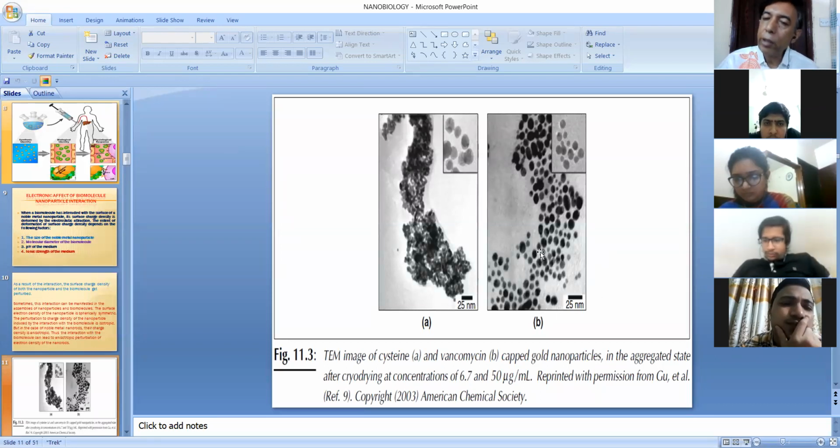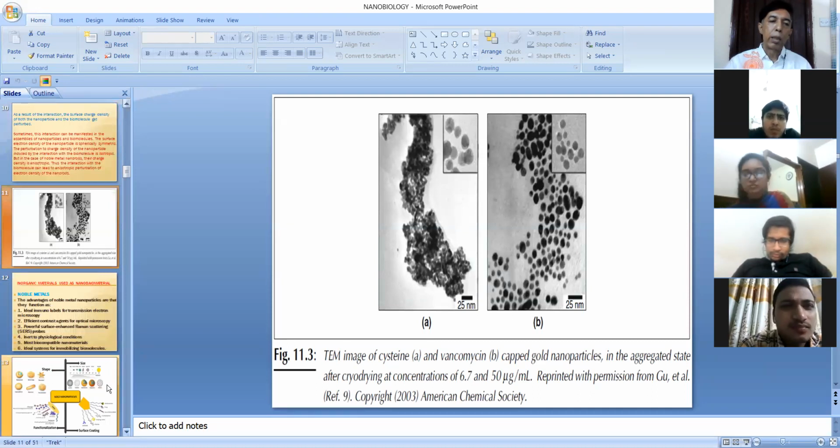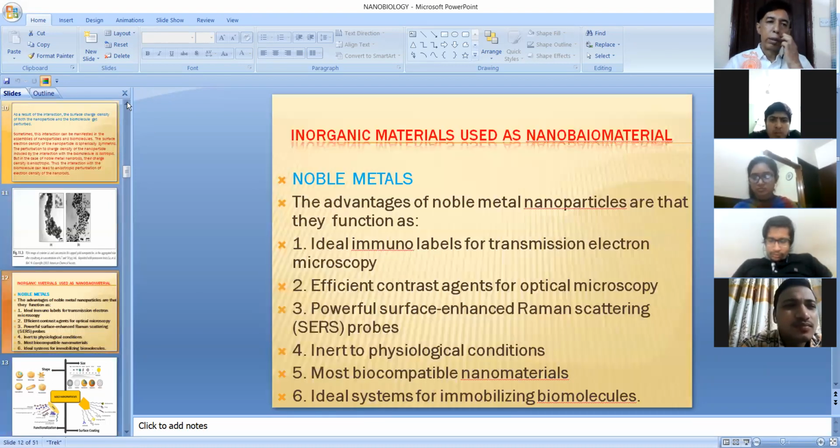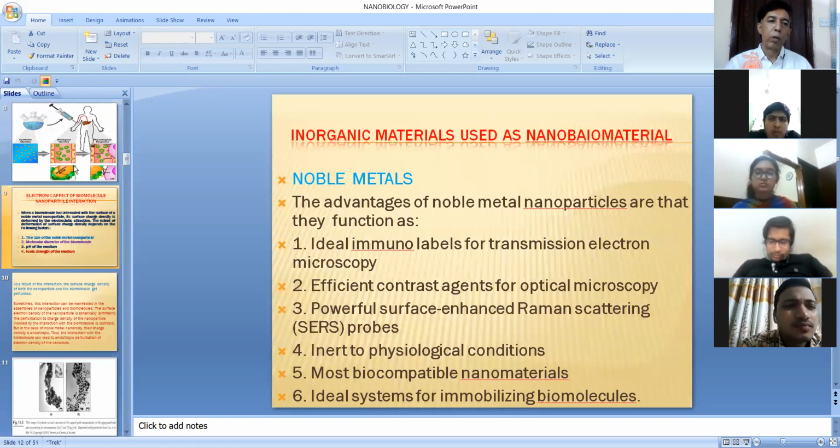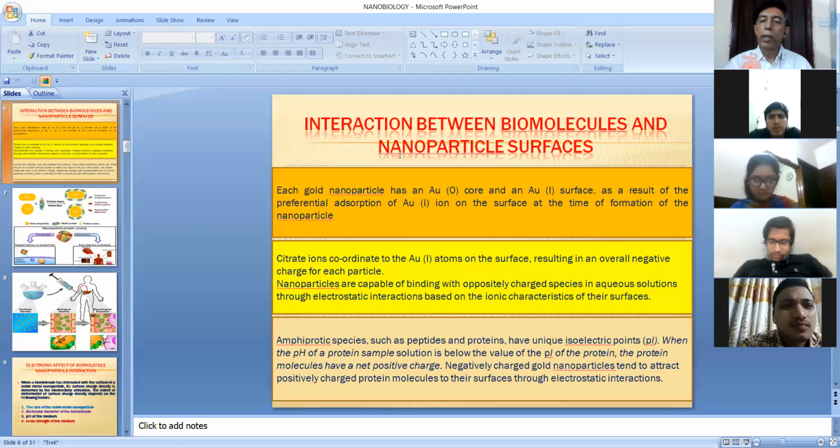But if the size of the biological molecule is large, the tendency of agglomeration decreases, and it will be a pure nanomaterial. So this is the main thing of your interaction. What is that? Interaction between biomolecules and nanoparticle surfaces.